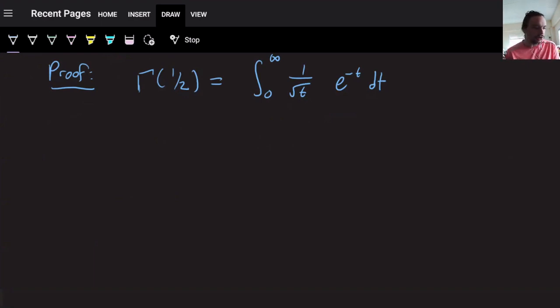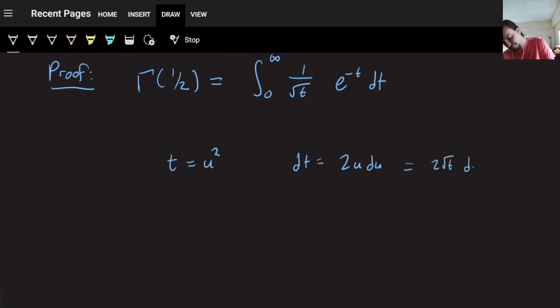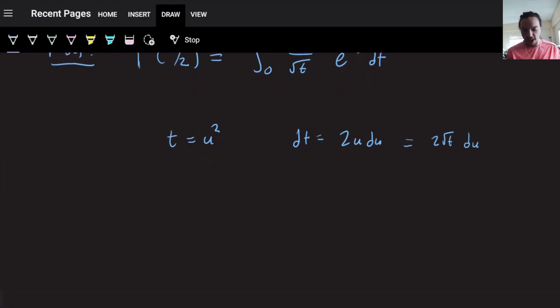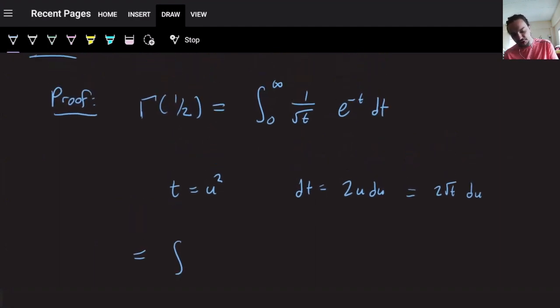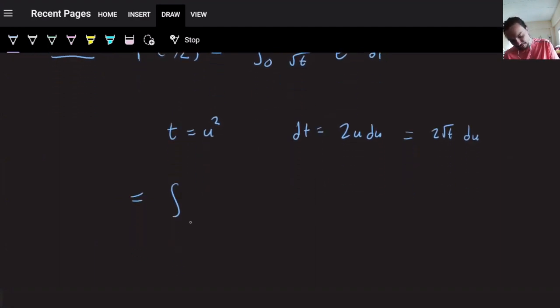So the first thing that I'm going to do is a u substitution. Okay, so let's try t equals u squared so that we can get rid of the square root. If we do that, then we get that dt is equal to 2u du. But u is equal to square root of t, so this is equal to 2 square root of t du. Okay, and now we are going to replace this. So when I plug in 0 and infinity, I just get the same thing.